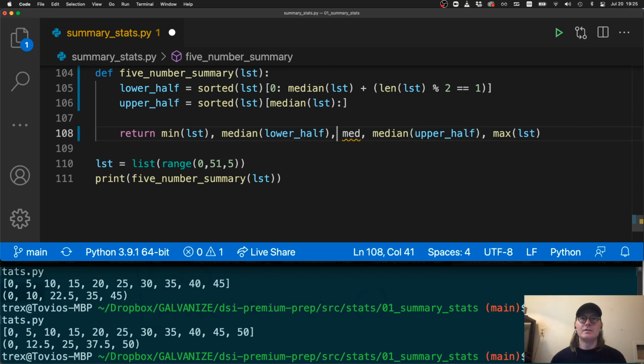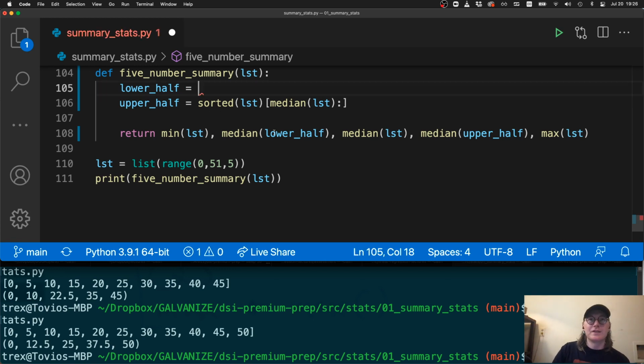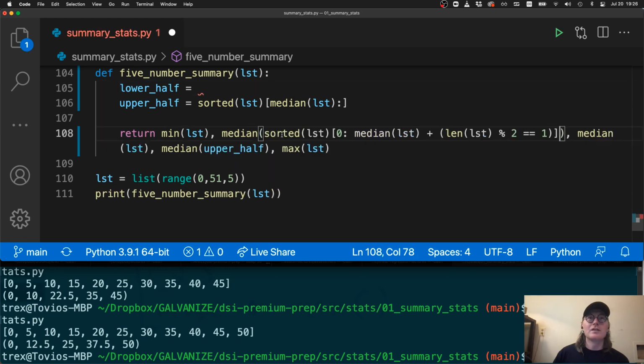Oh, one thing I forgot to do that I should have done is, okay, so this should work, right? Looks like it should work. I think I should just be able to take this even further, right? If I really want to be a terrible person.